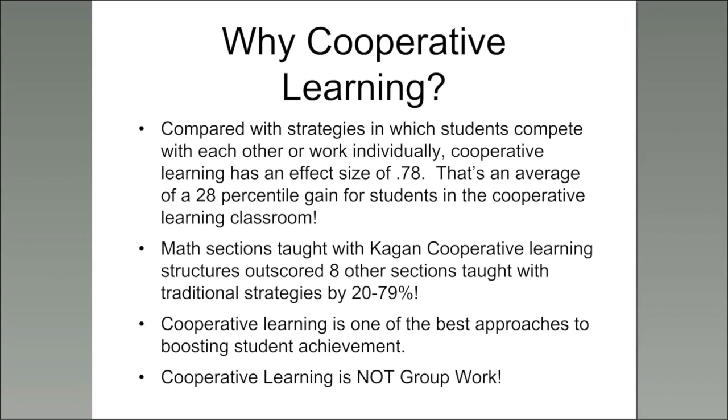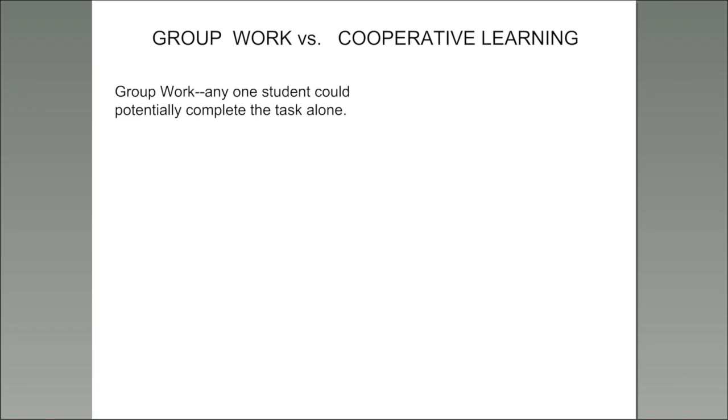But a caveat: cooperative learning is not group work. What I find in a lot of math classes where I have the privilege of working with teachers is that they'll say, in your groups, figure out. There's a difference between cooperative learning and group work, as you may have noticed with the Sage and Scribe. In group work, any one student could potentially complete the task alone, so it really doesn't need the group.